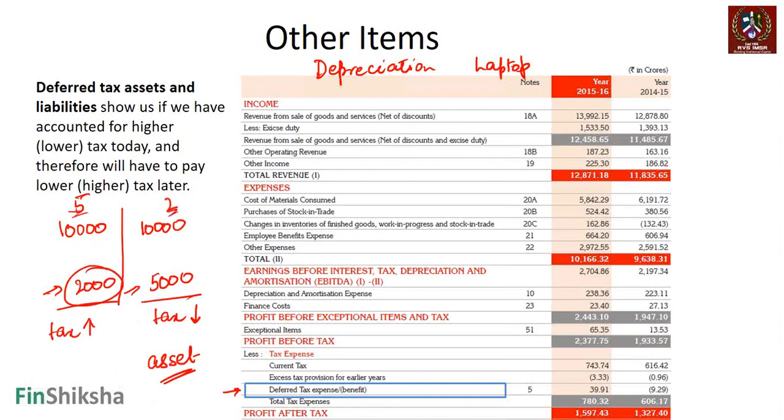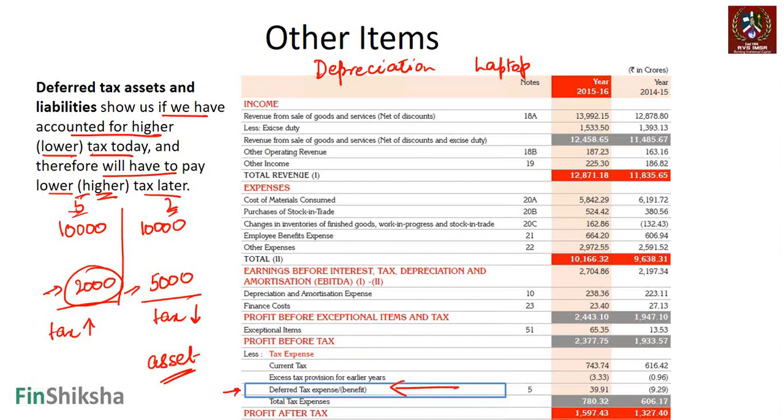After that, the benefit goes away, right? So effectively, in mathematical terms, it is just whether I'm paying more tax today or more tax later. Based on that, there is going to be a discrepancy. In general, if we have accounted for higher tax today, we'll have to pay lower tax later. If we have accounted for lower tax today, we'll have to pay higher tax later. Deferred tax is a concept that comes on account of that.